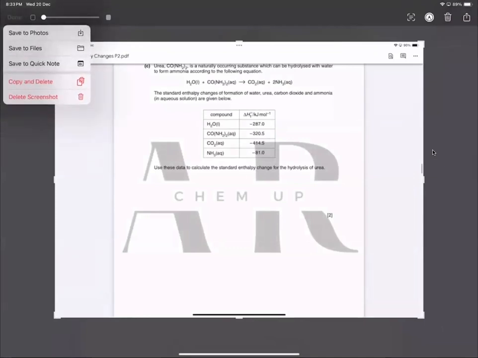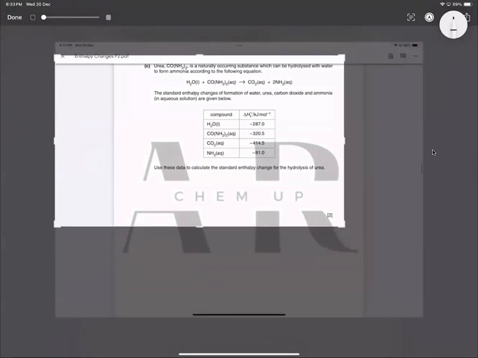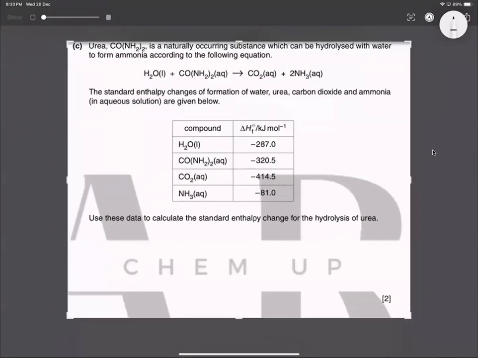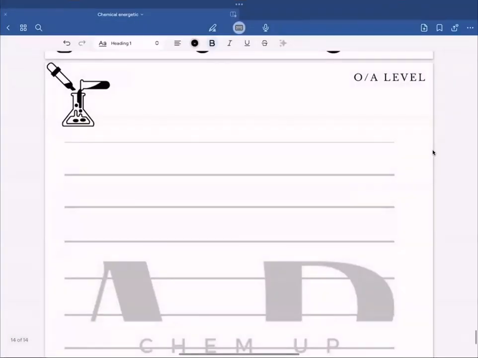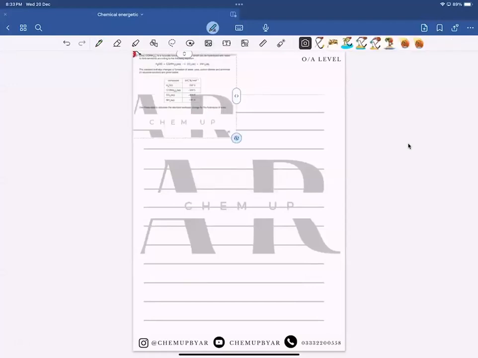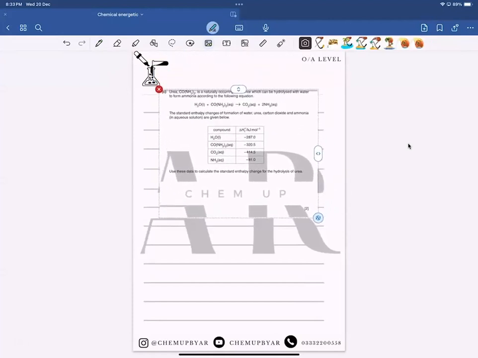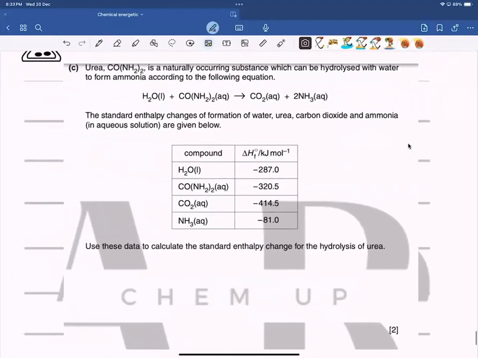Now do this one. So it's all about practice. The more you practice, the easier it will become. Now both of you do this one.